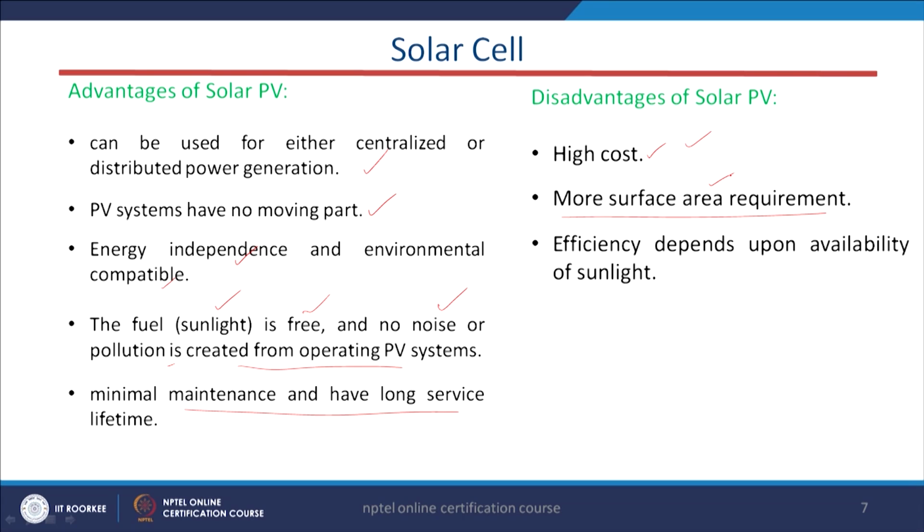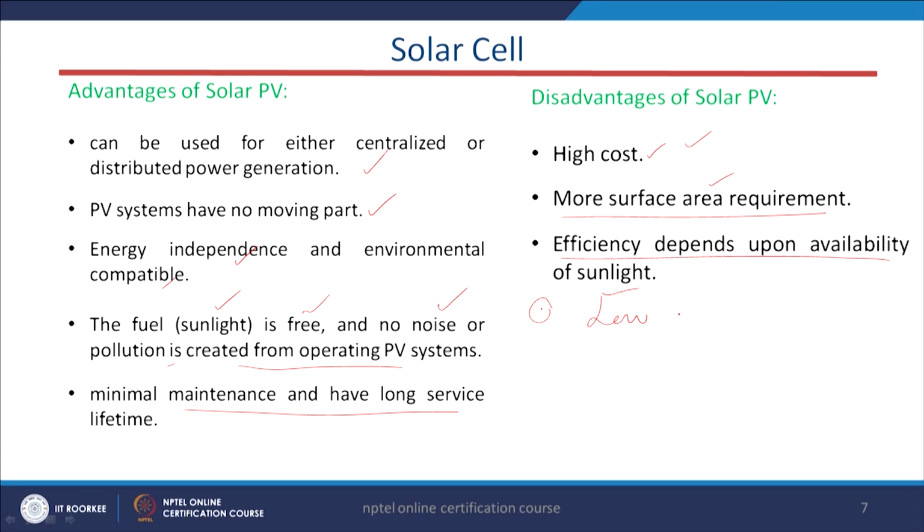So, for generation of power using the solar cell, we need a huge area. That is a more surface area requirement, and efficiency depends upon the availability of the sunlight.